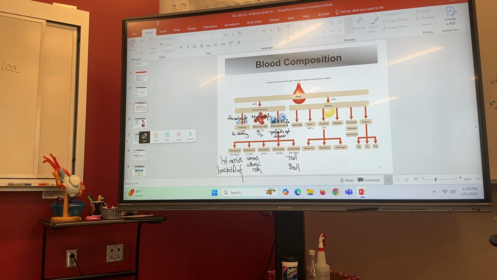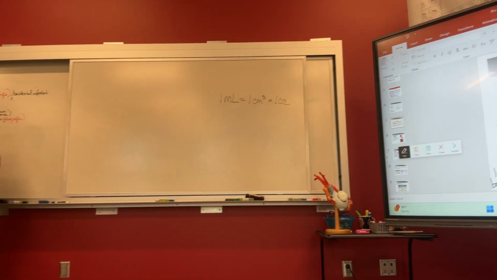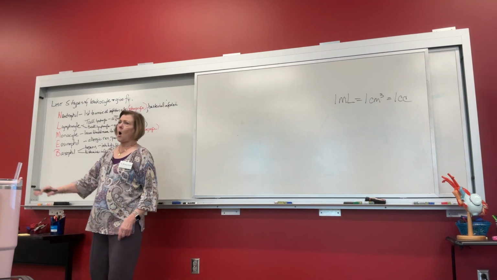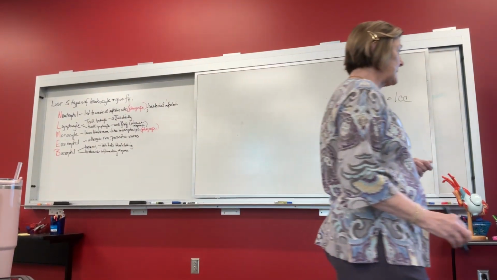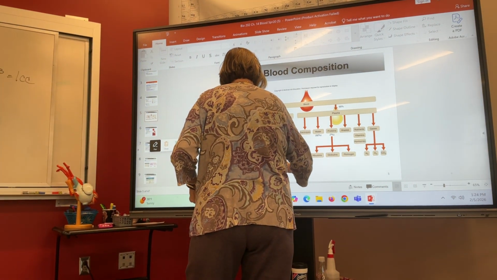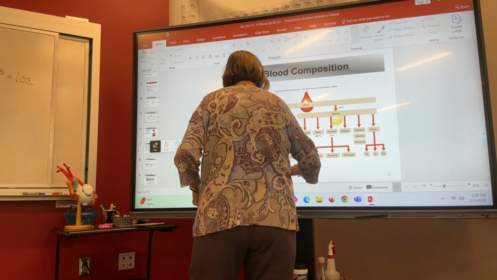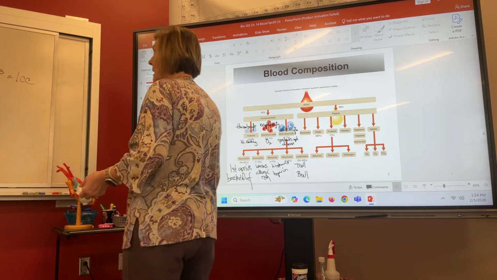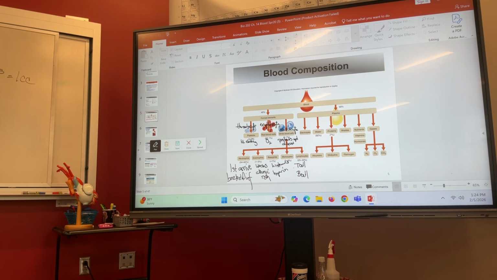And then the very last, there's less than 1% out of all of the leukocytes that are basophils. And basophils secrete two things, histamine and heparin. Y'all, you need to know all of this. All of this on the board.